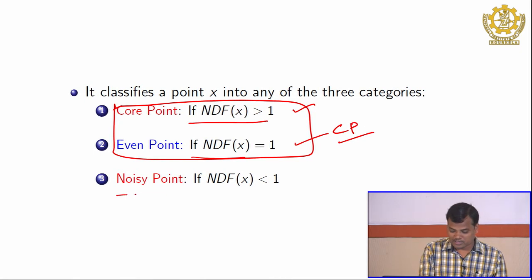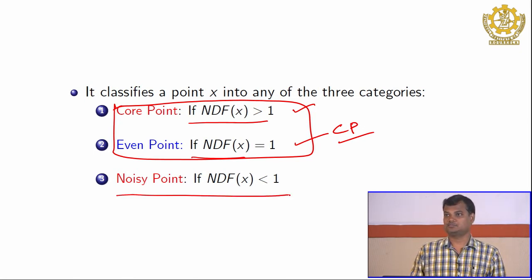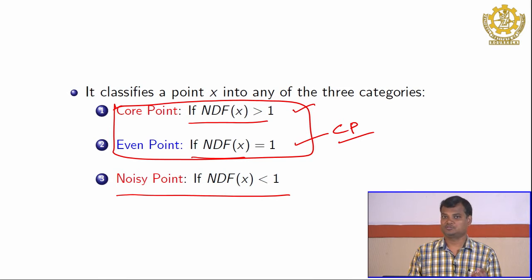If the value is less than 1, we say it is a noisy point. It is a similar style to DBSCAN, but DBSCAN computes using epsilon and minimum points, whereas NBC computes in terms of the neighborhood relation.